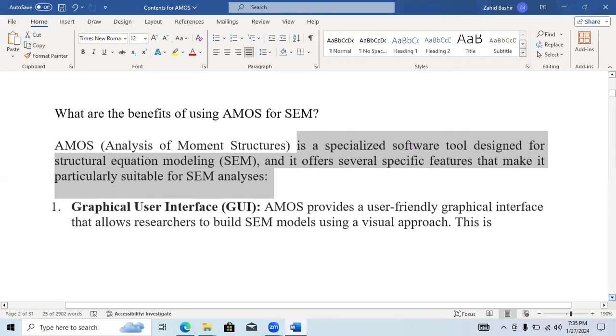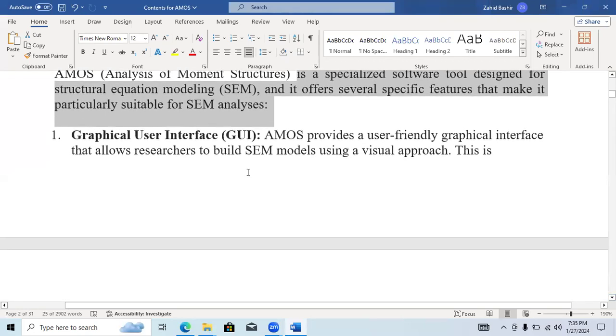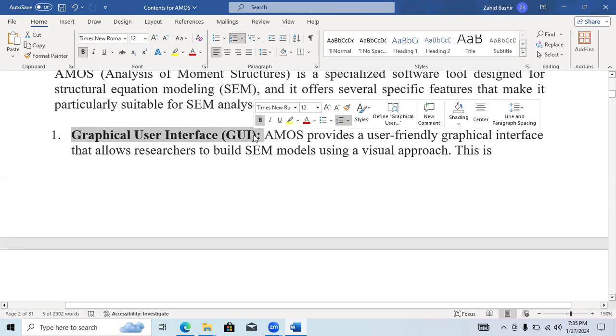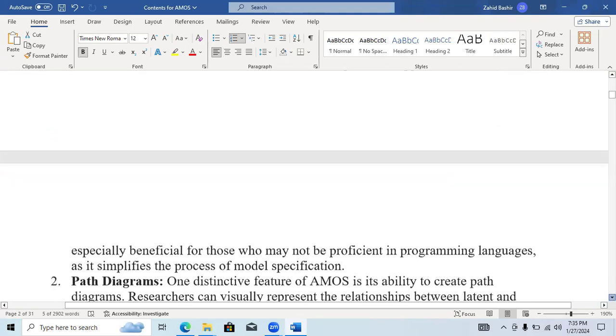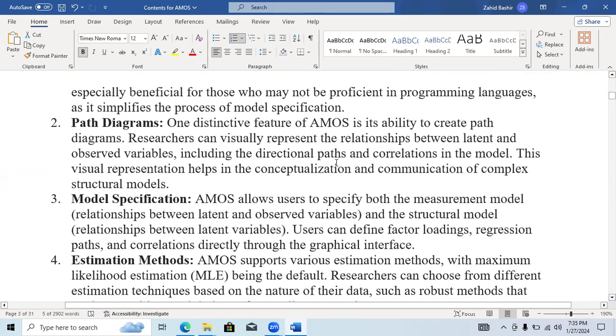So what are these features? The first feature is the graphical user interface. You don't need to apply any type of programming. You can just use a graphical user interface in order to apply the SEM analysis using Amos, and it would let you create your path diagrams.